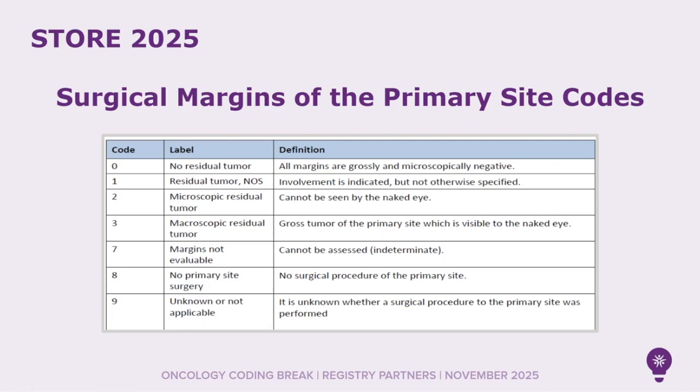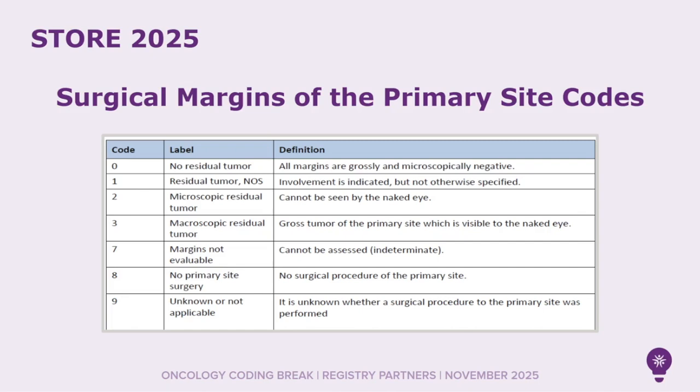Code 2 is microscopic residual tumor when the pathology report indicates the margins are involved microscopically. Code 3 is macroscopic residual tumor when the pathology report indicates there are margins involved macroscopically.